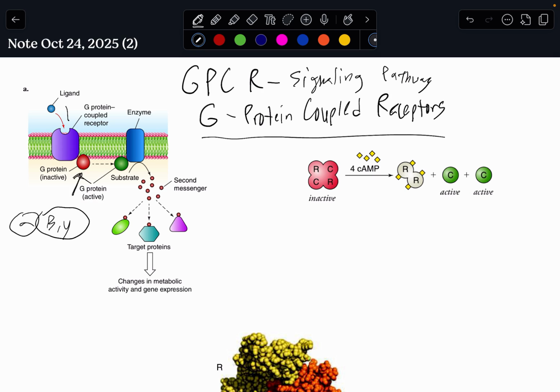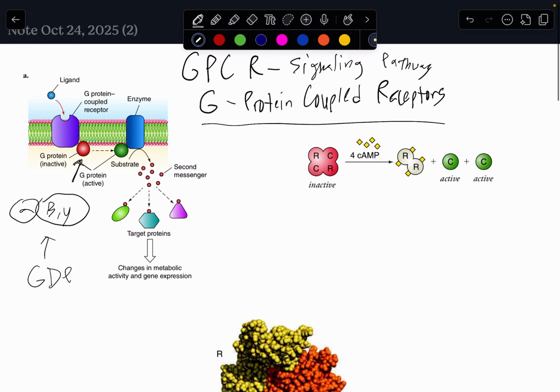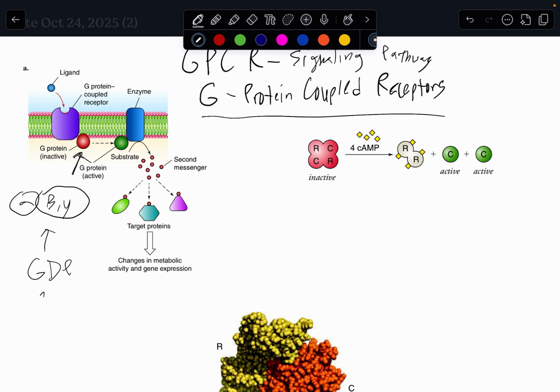When the ligand binds, we have a conformational change in the receptor. It causes this G protein right here, which has GDP bound at rest, to release the GDP and bind GTP. So it goes from GDP to GTP, causing it to be in its active state.